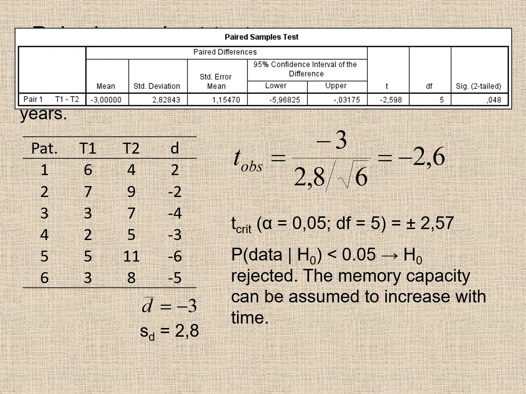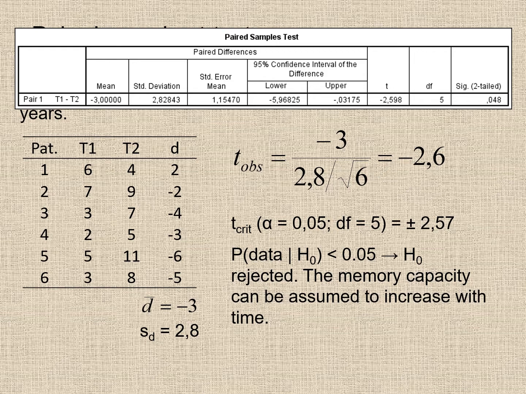Okay, if we now take -3, the mean difference in our sample, and divide it by its standard error 1.15, we receive the t-value -2.59, -2.6. So it's exactly the same value as we received, because it's the same data and the same formula.